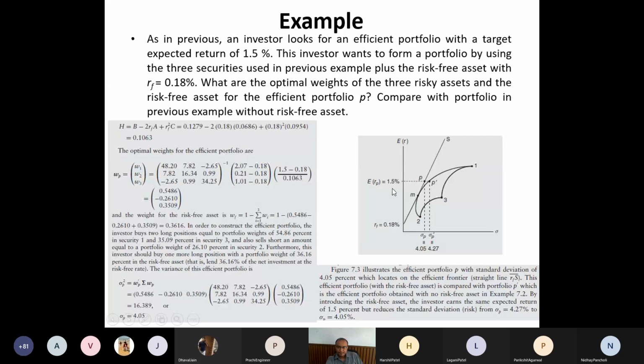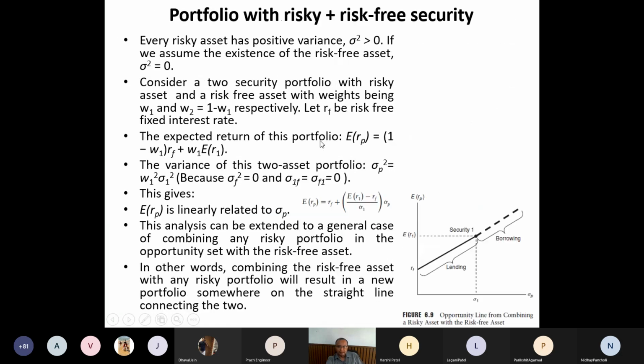Okay. So here I have given you one example again as an assignment, and you have to solve it yourself. We have to refer to a previous example, which we solved last week. Now my expected return is 1.5%, and I add one risk-free asset to my portfolio with a rate of 0.18%. All other data remain the same as in the previous example.